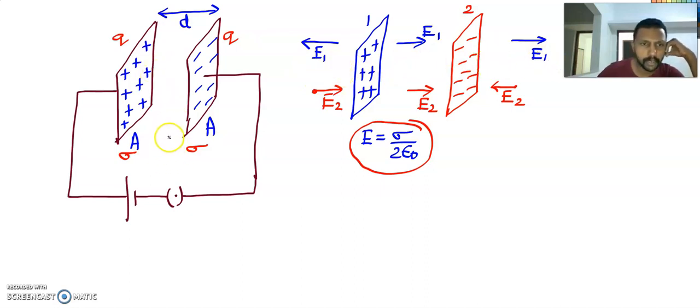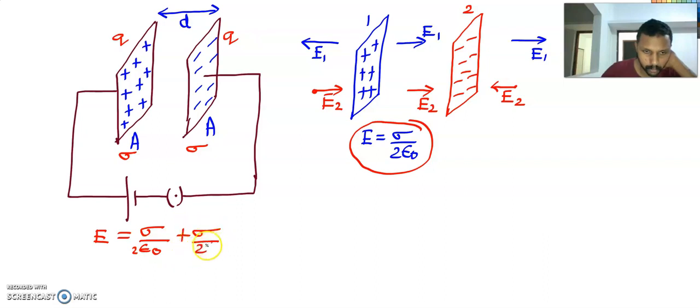Therefore, the total electric field intensity between the plates of the capacitor will be sigma by 2 epsilon 0 plus sigma by 2 epsilon 0, and it is 2 sigma by 2 epsilon 0. I could write it as sigma by epsilon 0. This is the net electric field intensity between the plates of the capacitor.